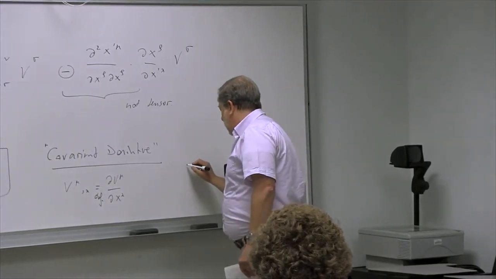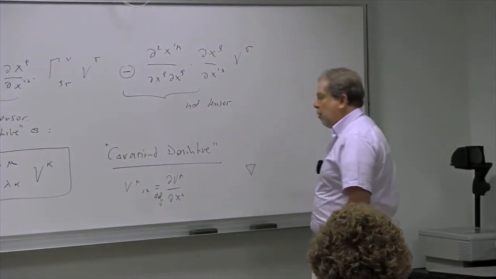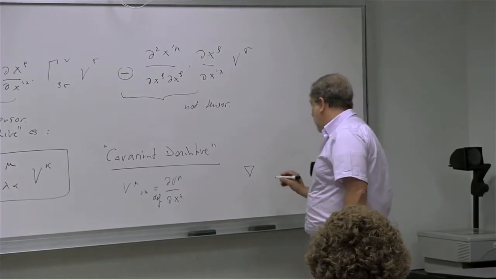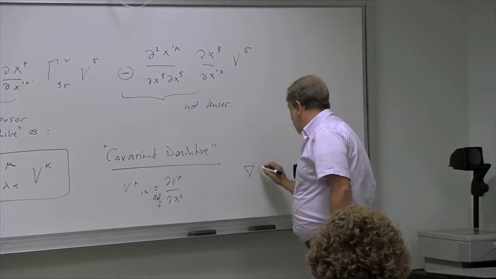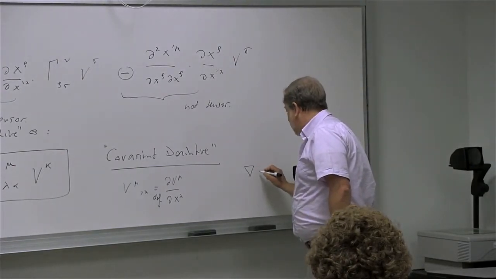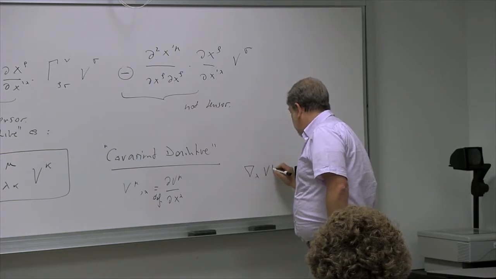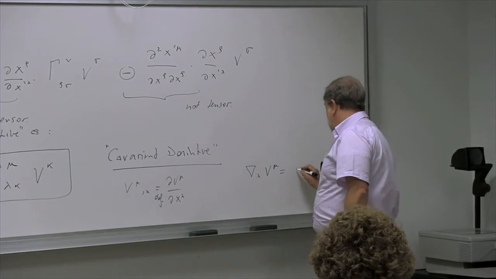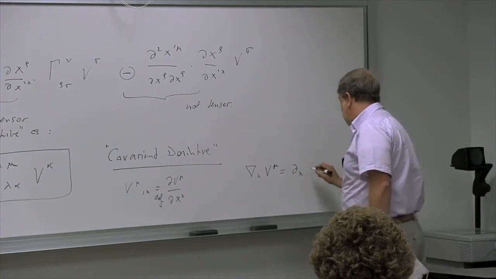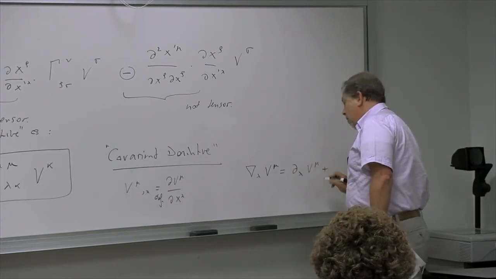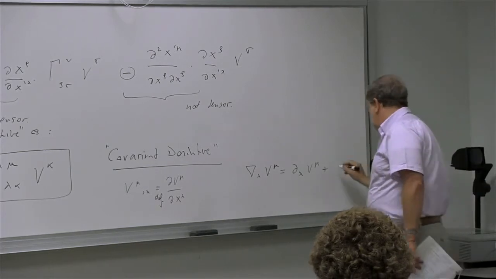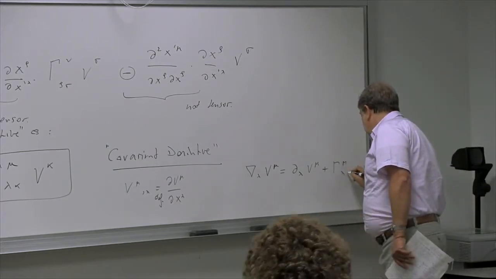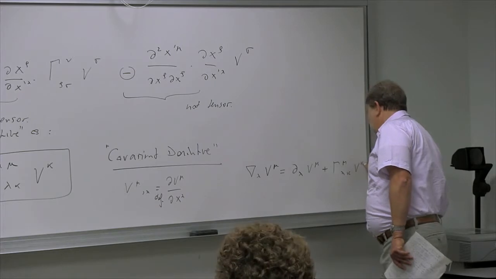And perhaps slightly more modern notation is to use the symbol and write this as nabla lambda v mu. This would be the ordinary derivative of v mu plus the affine connection term, which is gamma mu lambda k times vk.